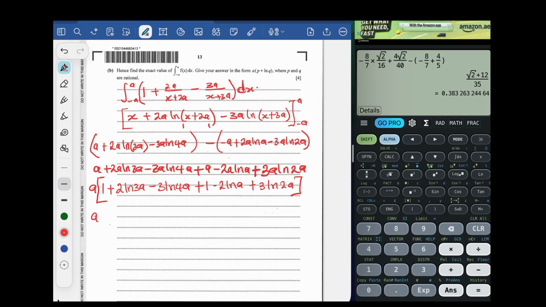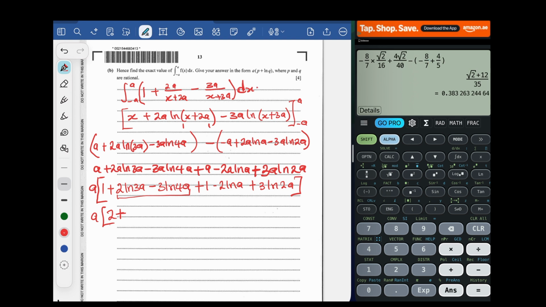So this gives me 2 plus, now I want to start doing some simplification here. Let's see how we can simplify the ln. Are there any like terms? No like terms.